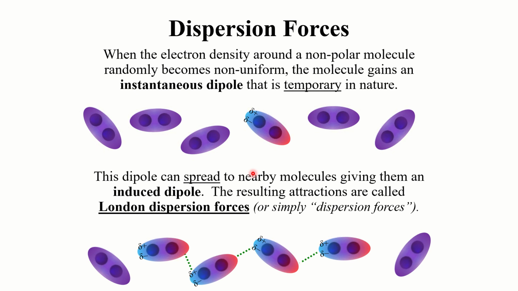The resulting attractions are called London dispersion forces, or we're going to simply call them dispersion forces. So one molecule gets a random instantaneous dipole, and then the nearby molecules respond to that random instantaneous dipole and begin to form what is called an induced dipole. So their dipole is induced by the dipole in a nearby molecule.